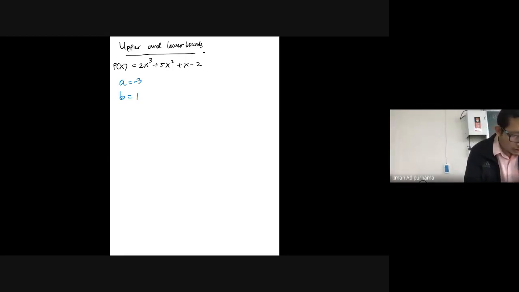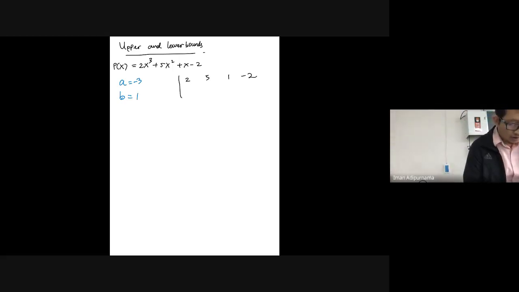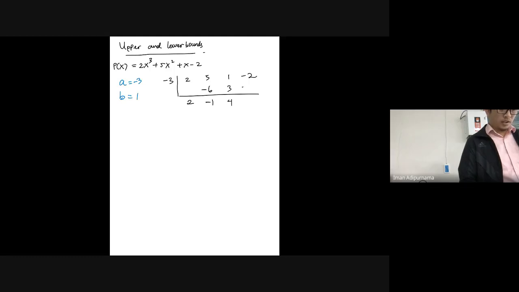First, we use synthetic division with 2, 5, 1, and -2. We check here with -3. So this is 2, -6, -1, 3, 4, -12, so it will be -14.